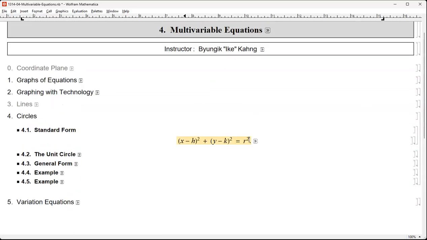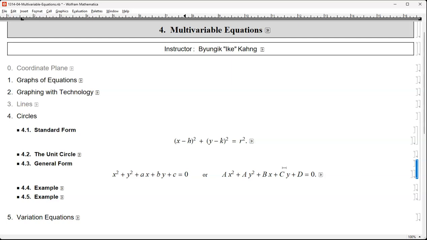From here, if I expand all the complete squares and do some simplification, you're going to end up with some expression like this: x squared plus y squared plus ax plus by plus c equals 0 form. I can put a 0 on the right side and move everything to the left hand side.